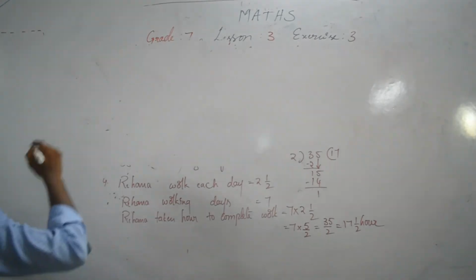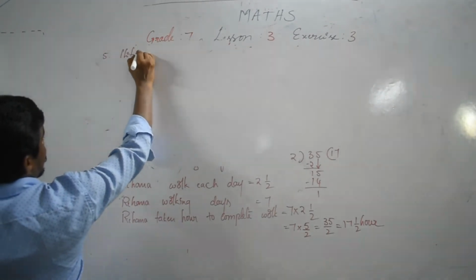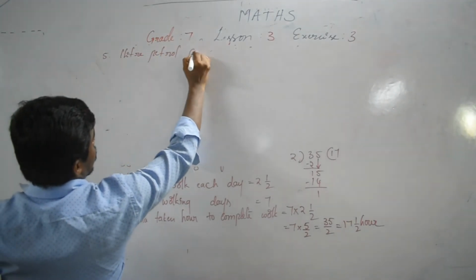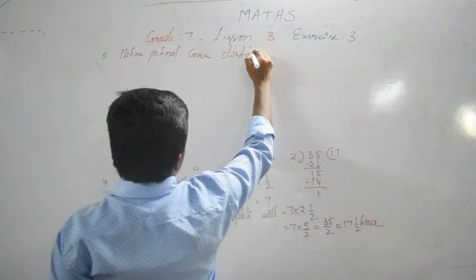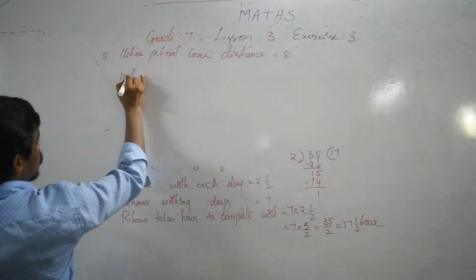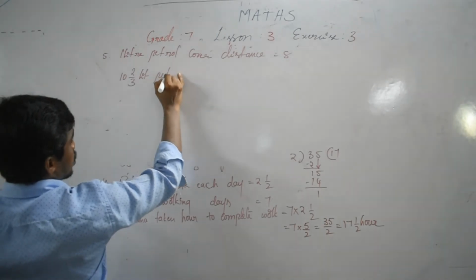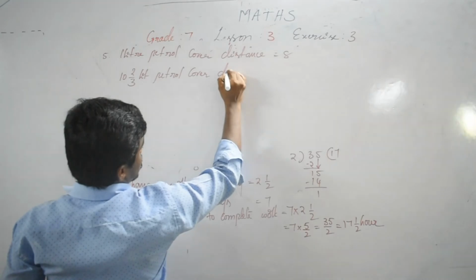So fifth one, 1 liter petrol covers distance 8 kilometers. 10 2/3 liters of petrol cover what distance?